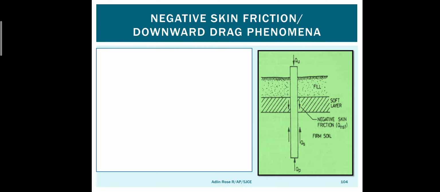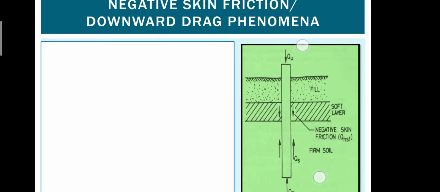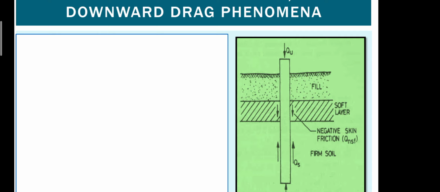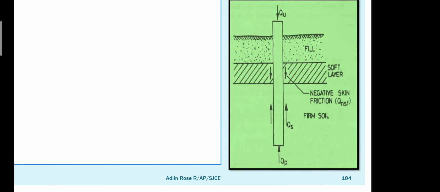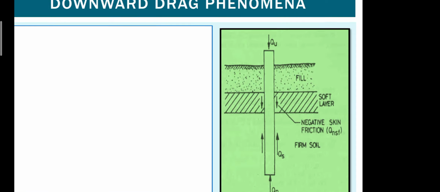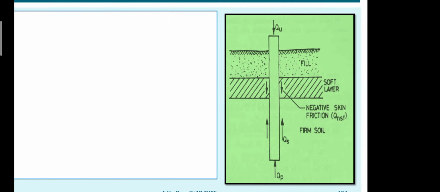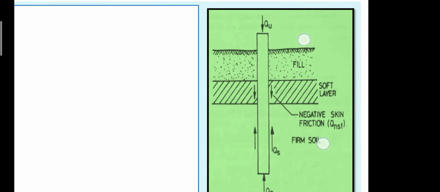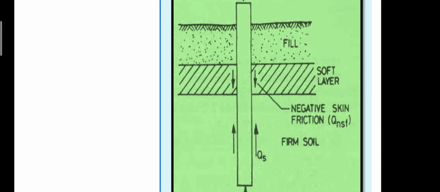Okay, so as you see in the picture, we know that whenever load comes in the top to bottom direction, downwards, the resistance goes upward. Then the system will be in equilibrium. So here the load is QU and the resisting loads are QS and QP. They are in upward directions. But if the soil is a fill material, there will be a downward force there. Can you see there in the soft layer and the fill material?